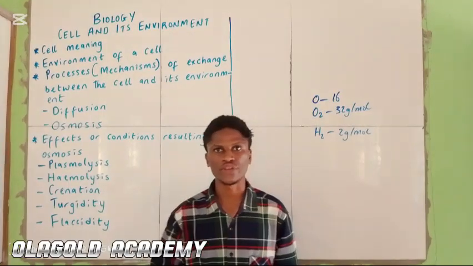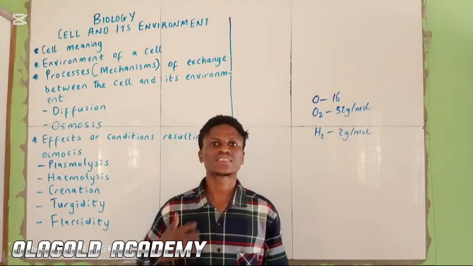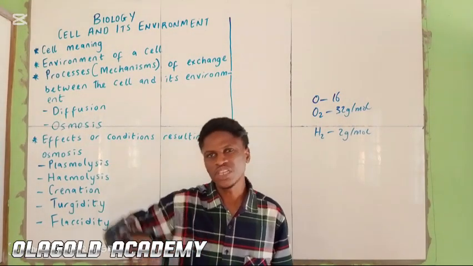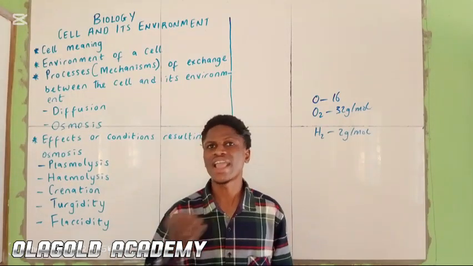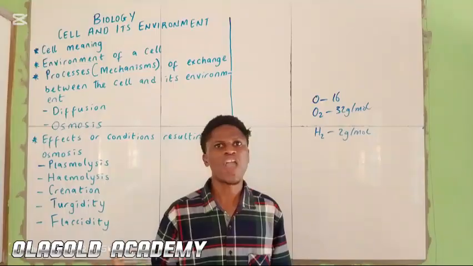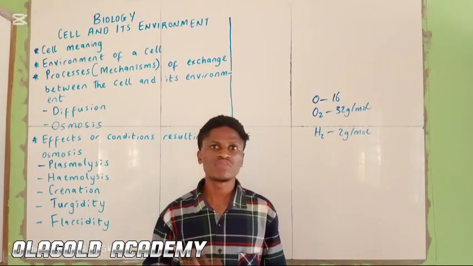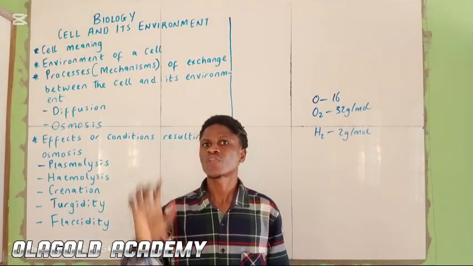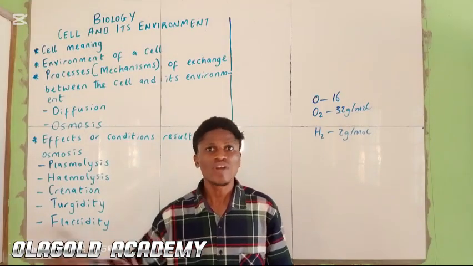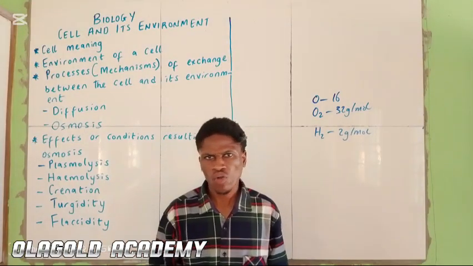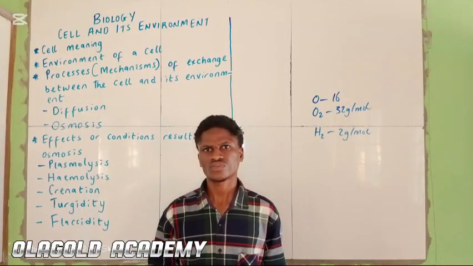So our cell membrane or the nuclear membrane is an example of a selectively permeable membrane because it does not allow every particle to go out and come inside of it. For instance, our cell membrane will never allow the organelles in the cell to move out or come inside the cell.